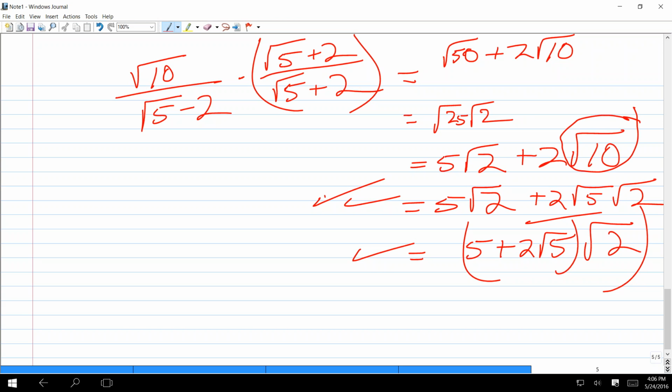You don't often do it because root 10 is as simplified as it gets. But if I'm adding that thing to another number of root 2's, then I want to break it up into some number of root 2's. So now I have 5 root 2's plus this number.